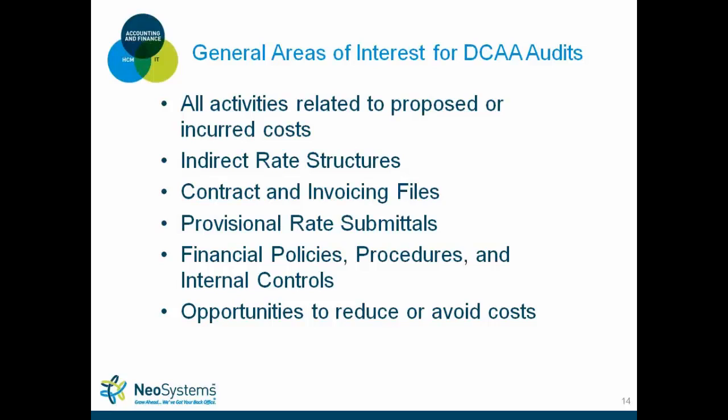They first take all of your policies, procedures, and internal controls, review them, and then test those internal controls through audits, such as a timesheet keeping audit, incurred cost audit, and the system audit.